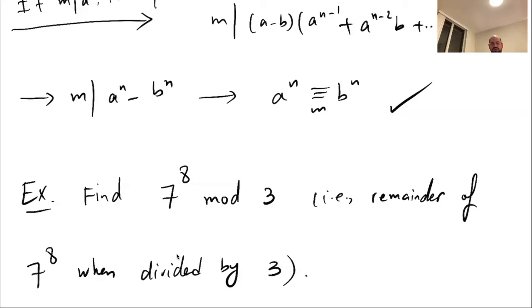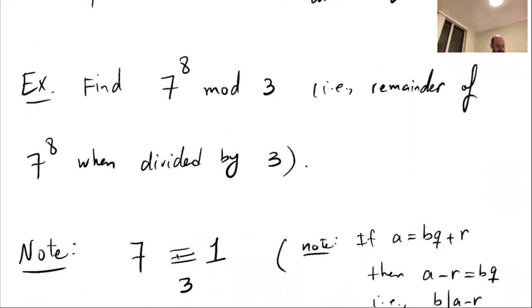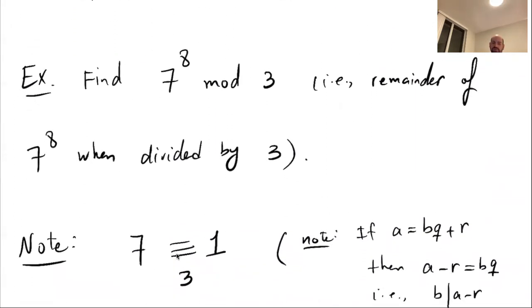Now, which one do you think will be the case? But we can start with 7 itself. If I divide 7 by 3, I get 1 as the remainder, right? Well, that's obvious. And this means that 7 is congruent with 1 mod 3.